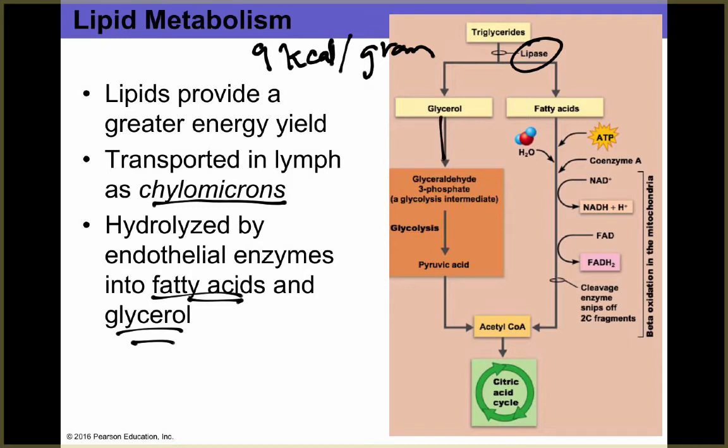The glycerol will go into glyceraldehyde 3-phosphate, which is a glycolysis intermediate. That's the one that happens after aldolase breaks glucose in half into the two different 3-carbon entities. And then it can be further processed through glycolysis to pyruvic acid and mediate through the cellular respiration.